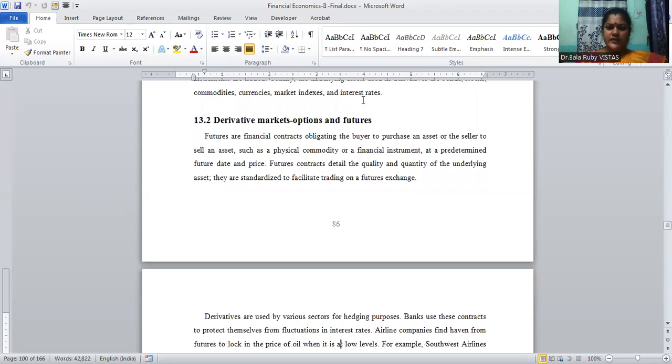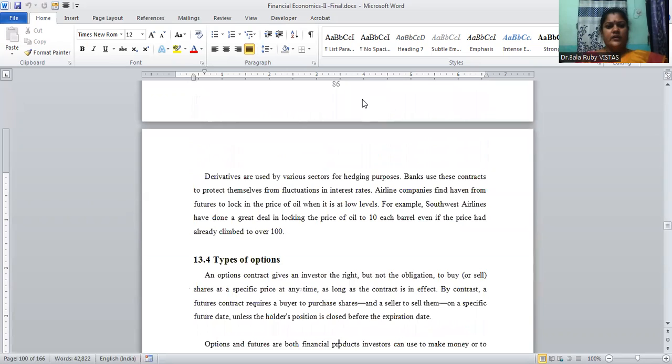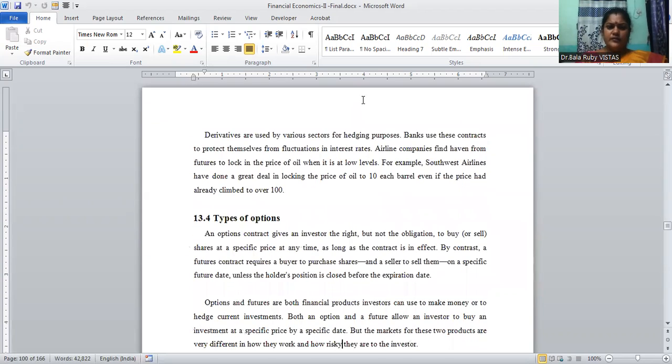Futures contracts specify the quality and quantity of the underlying asset. They are standardized to facilitate trading on a futures exchange. Derivatives are used by various sectors for hedging purposes. The banks use these contracts to protect themselves from fluctuations in the interest rate.